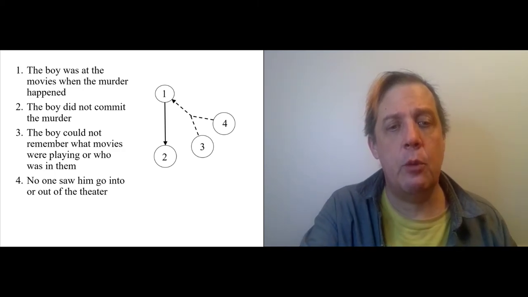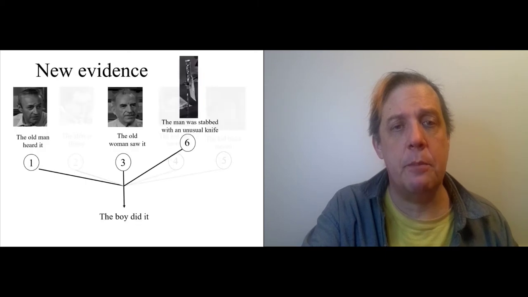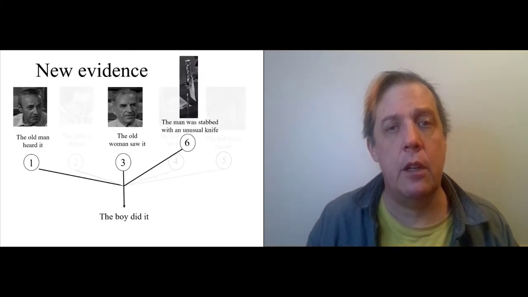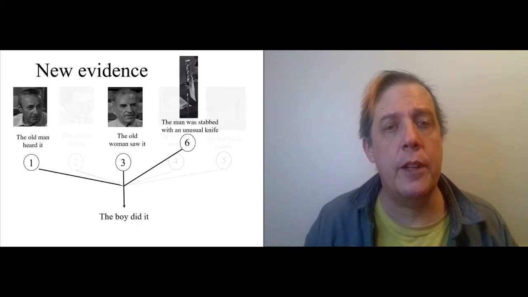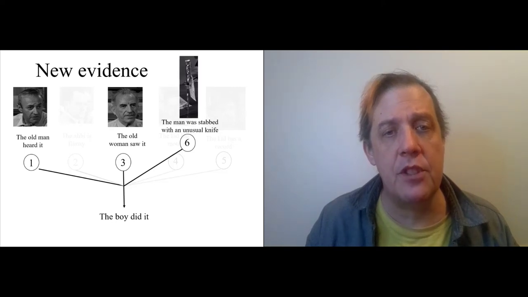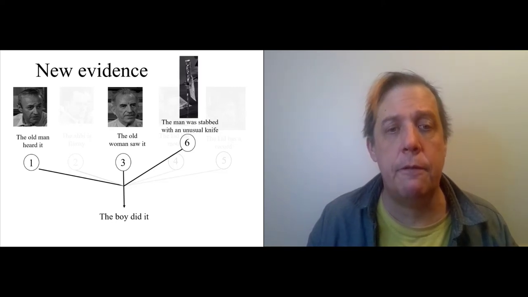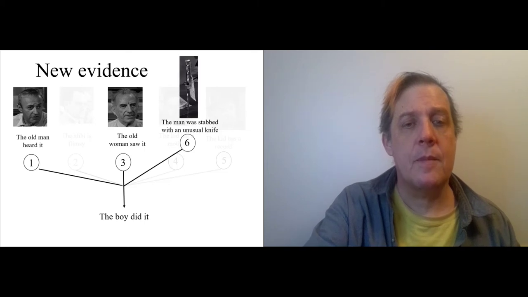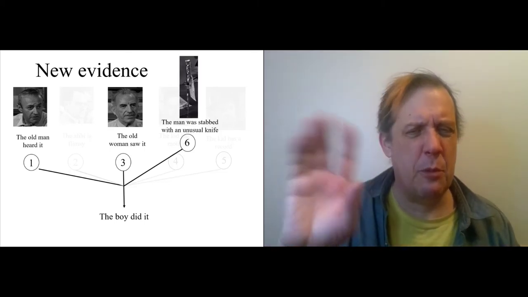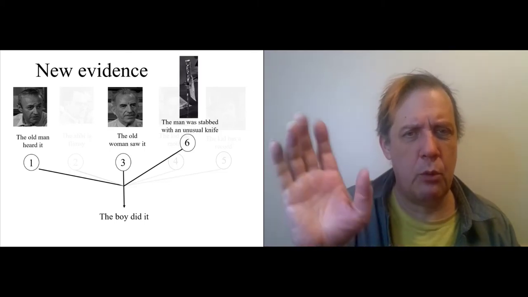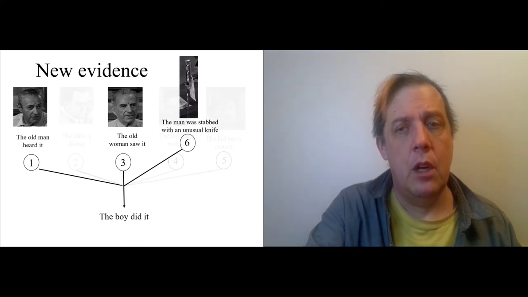Another place in the movie where we get arguments and replies is the business with the knife, right? So at one point, new evidence is introduced. The man was stabbed with a very unusual knife. And there'd actually have to be some supporting premises to make that really work, but we'll set that aside for now.